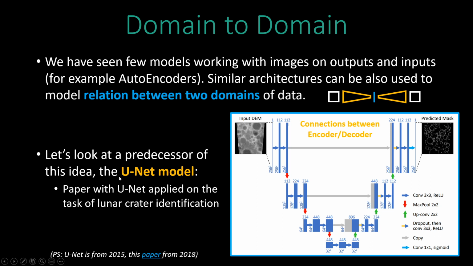Okay, so there is a small difference from the autoencoder model, and that is the usage of the UNet architecture. And this is a sort of predecessor of that idea of a domain-to-domain transfer.